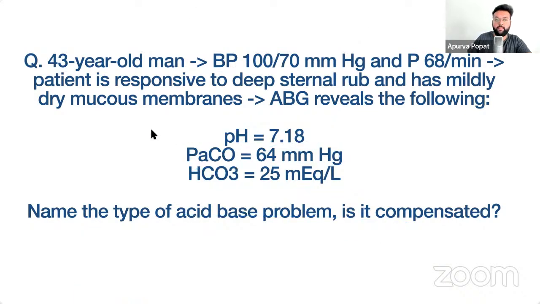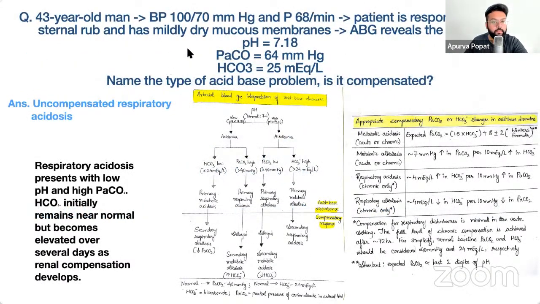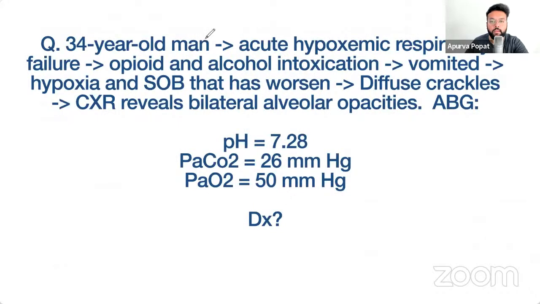So this is uncompensated respiratory acidosis. There are various formulas which you can use to know whether the compensation is proper or not, but we'll talk about that later. Okay, how would you label this ABG?